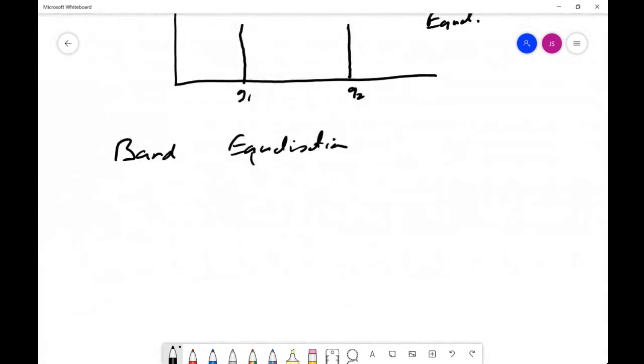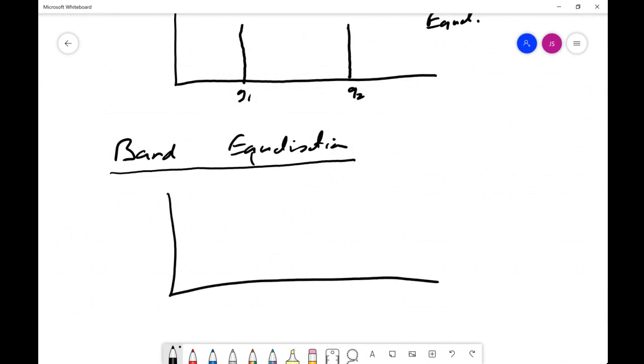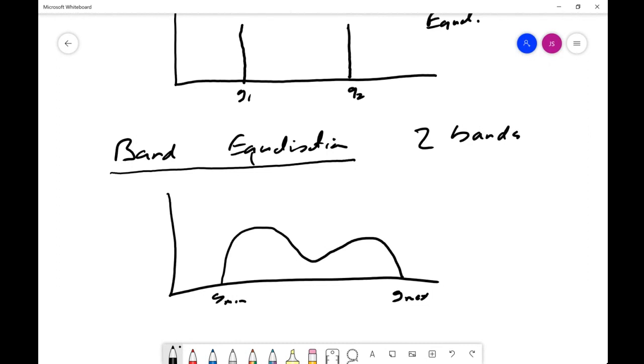And in band equalization, let's take a distribution like that, G min, G max. I'll take the simple example using two bands.